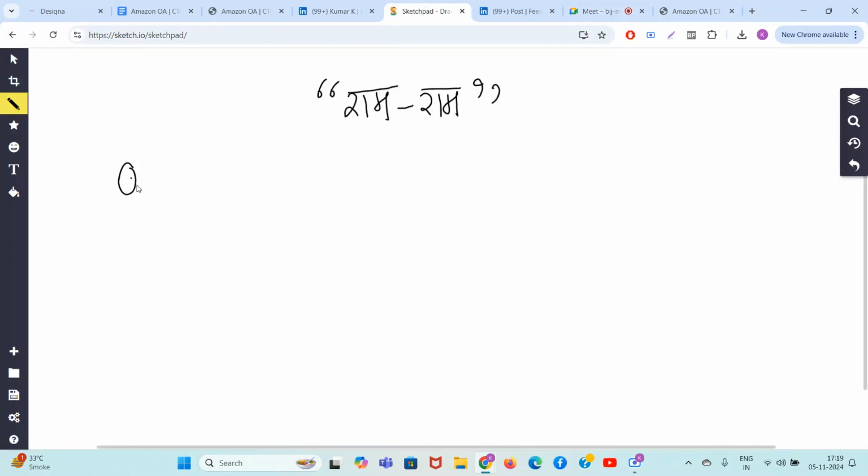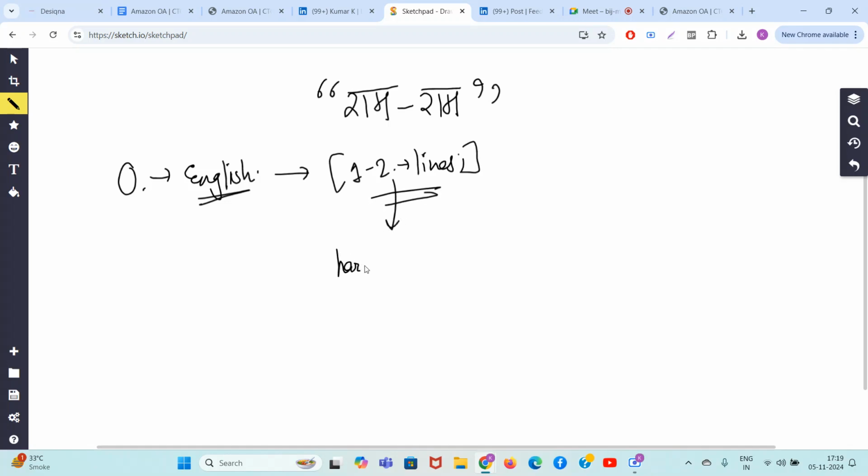So the first skill you should master is English comprehension. Always try to read the large English comprehensions and try to summarize it in 1 to 2 lines. Okay, after that you have to solve the hard unseen DSA problem of 1 to 2 lines. That's it, guys, that's it. Okay, so I will make this problem easy for you.